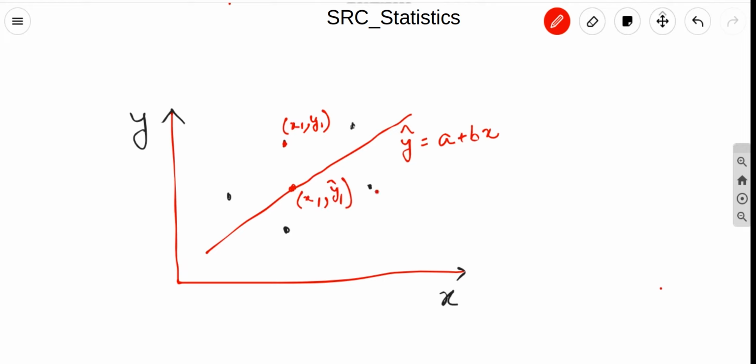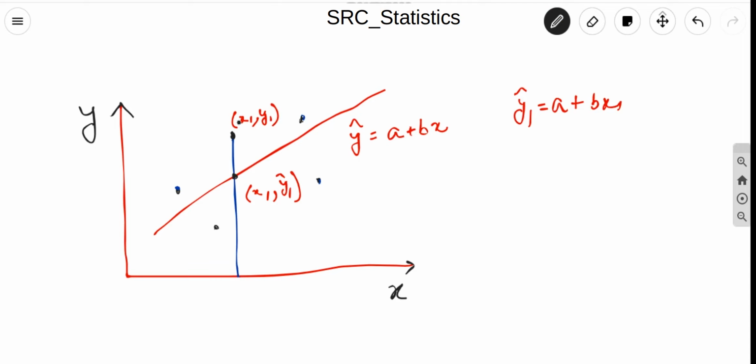How do we get this y1 hat? We plug the value of x1 into the line of regression a plus bx. So a plus bx1 gives us y1 hat, the estimated value of y.